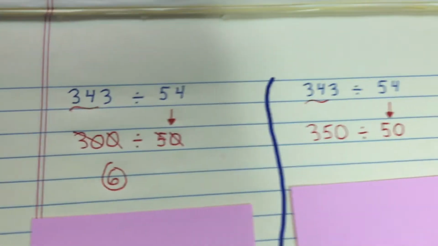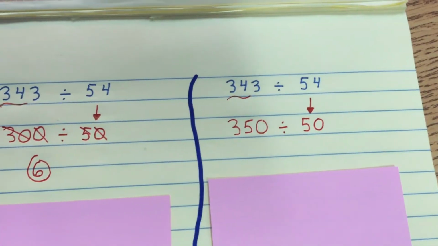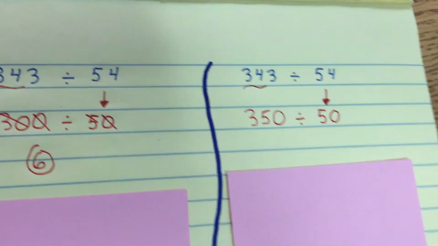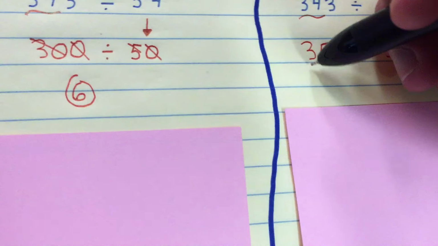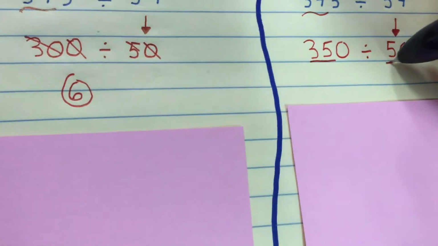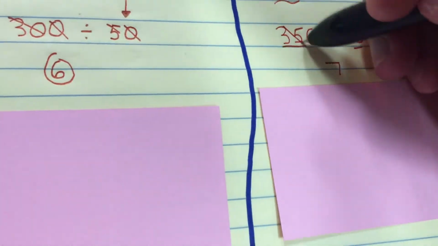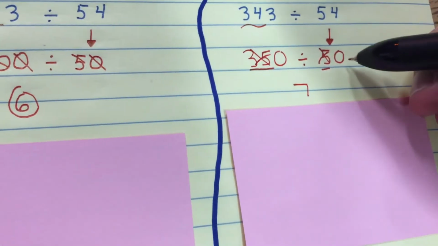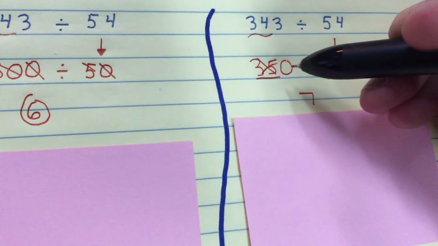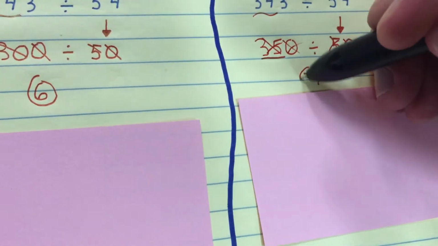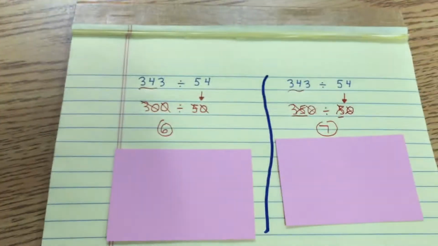So on your whiteboard, you should now have 350 divided by 50. Now 5 goes into 35 7 times. So we can cross that out. And if we have a 0 in one number and a 0 in another number, those can cancel out. So we end up with 7.